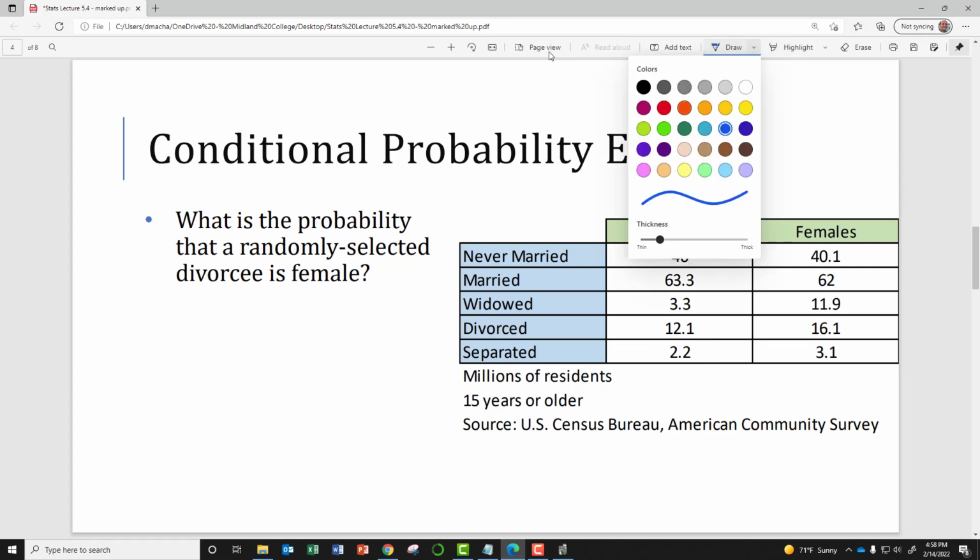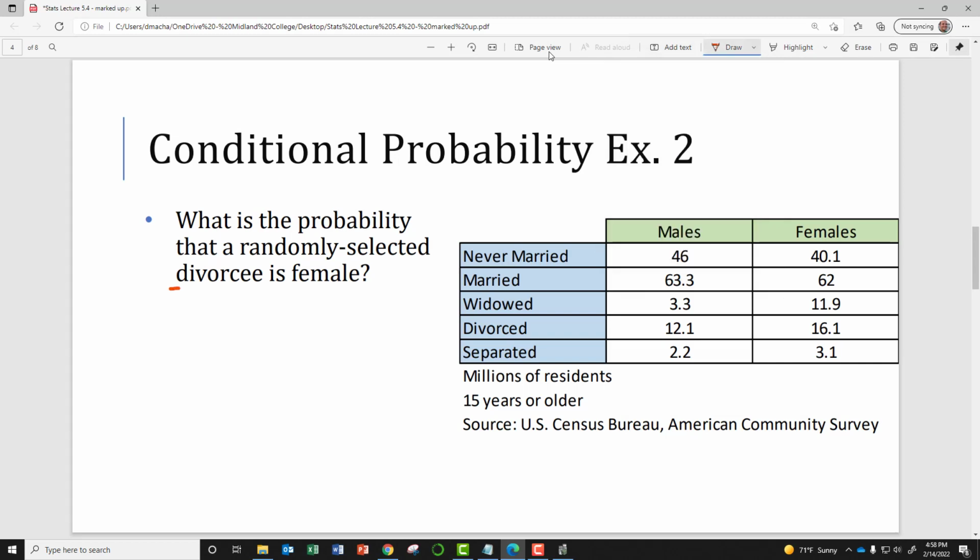So here's a new example for you. What's the probability that a randomly selected divorcee is female? I'm going to consider as my sample space all the divorced people. And I'm wondering, among the divorced people, what proportion of them, what fraction of them are female?